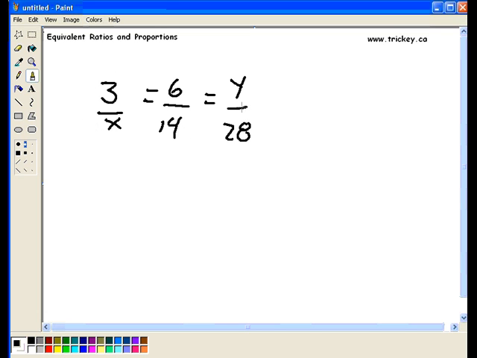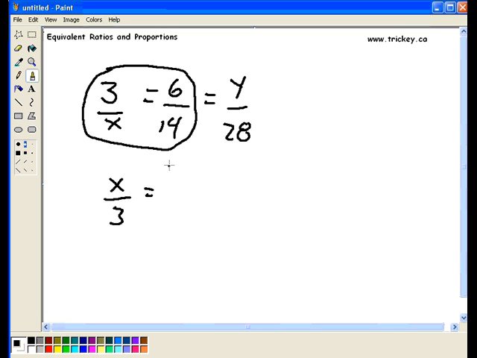This is a little different because now I'm dealing with 3 fractions. Let's just deal with 2 fractions at a time. So let's just deal with these 2. Now my x is downstairs, so let's get it upstairs by flipping it. So 3 over x becomes x over 3. Whatever I do to one side, I must do to the other, so it becomes 14 over 6.